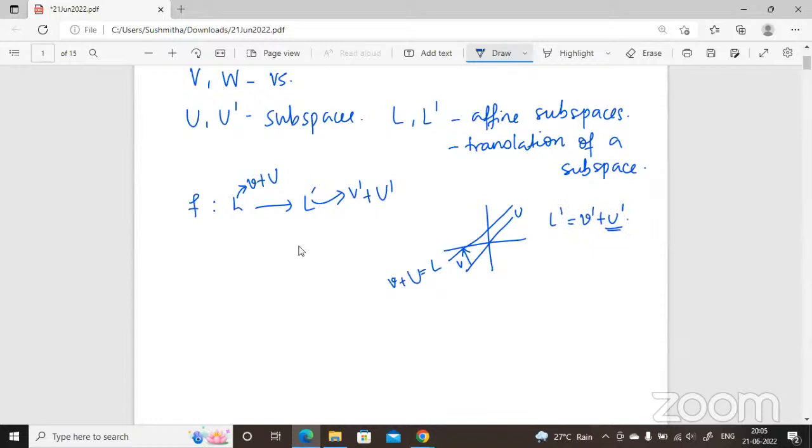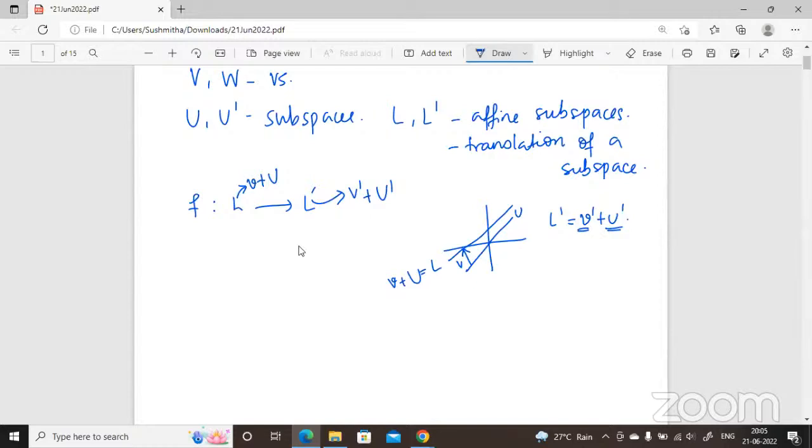This is some other subspace which is translated by the vector V prime to get L prime. Is it clear? Yes, ma'am. Now it is clear.